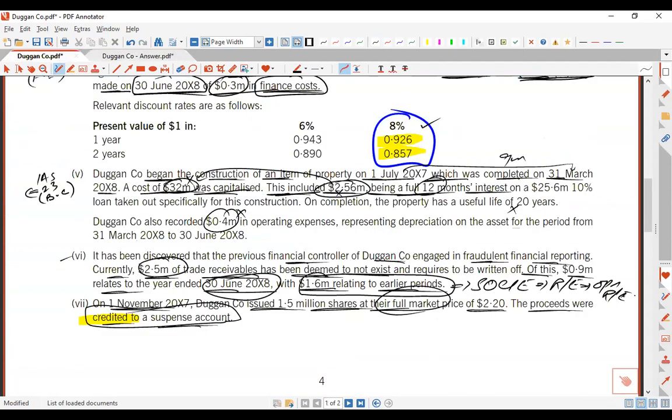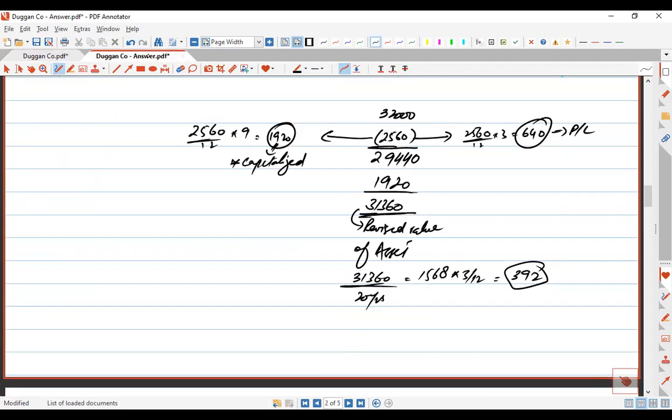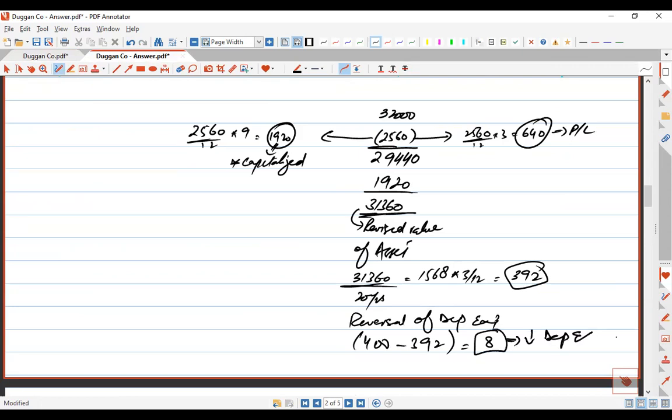By the way, a further adjustment is to be made here. They have already taken 0.4 million of depreciation expense. So reversal of depreciation expense is the next thing. They have deducted 400, and the correct amount is this. So we have to reduce the depreciation expense because they have overcharged.